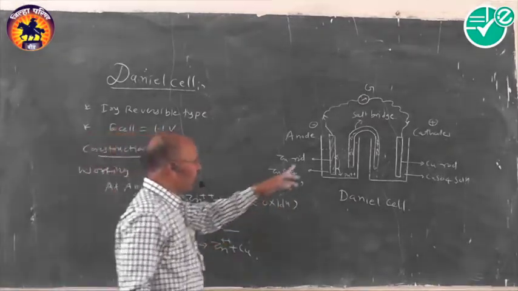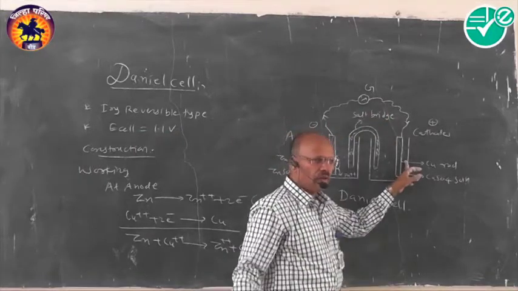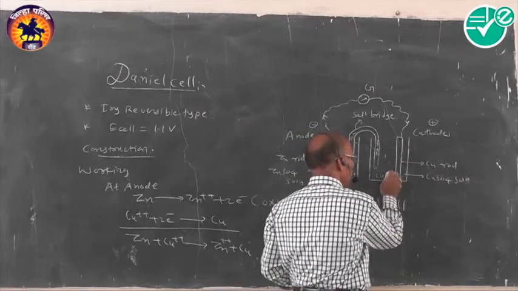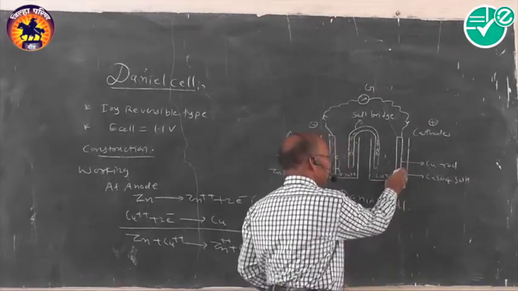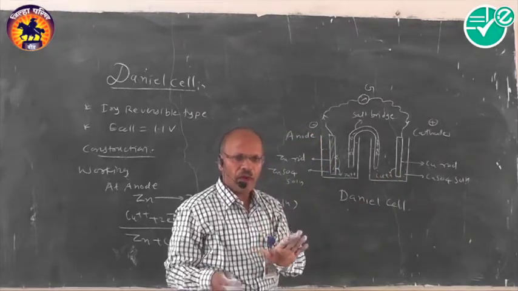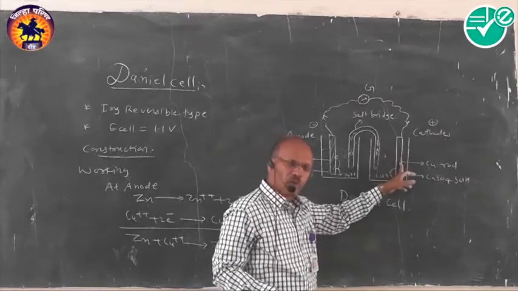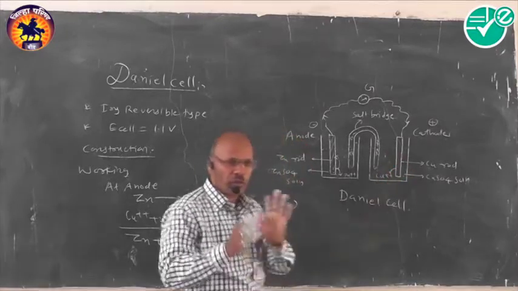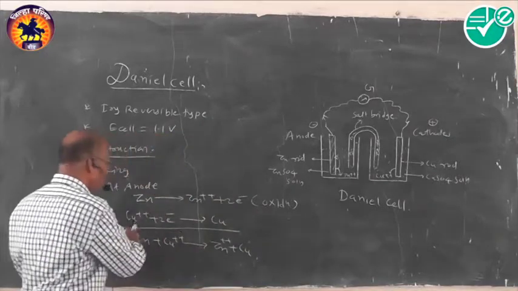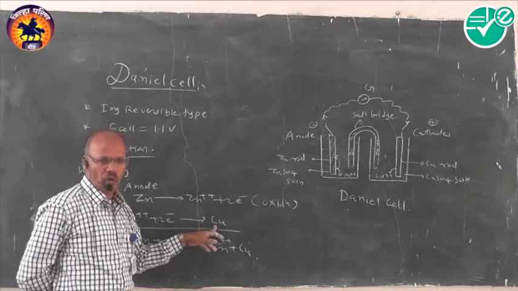Along the same, this electron transfers through this metal wire towards the cathode. Now what happens at the cathode? In this case, the Cu2+ ions from the solution gain the same electrons from the copper electrode, which shows reduction, and get deposited over the surface of the copper rod in the form of solid copper, showing here the process of reduction. Cu2+ plus 2 electrons gives copper.